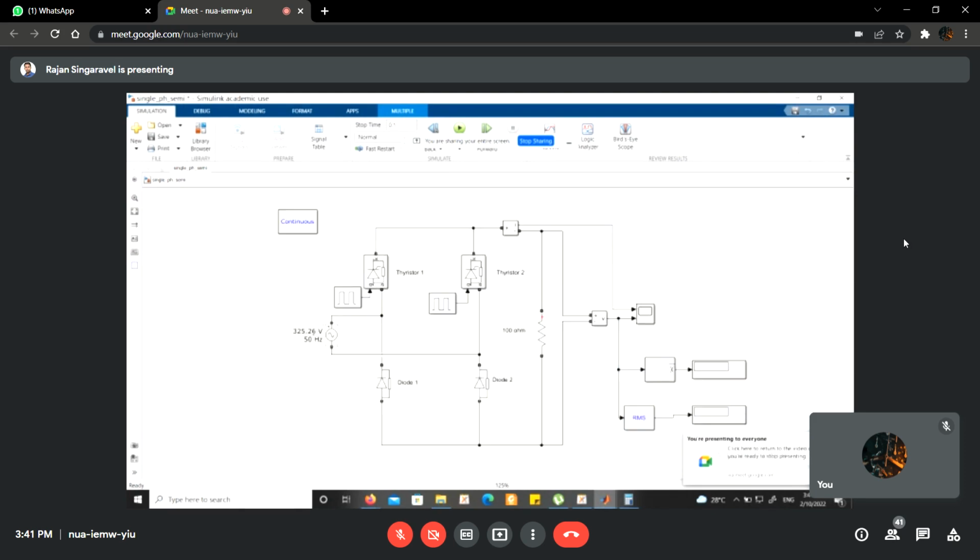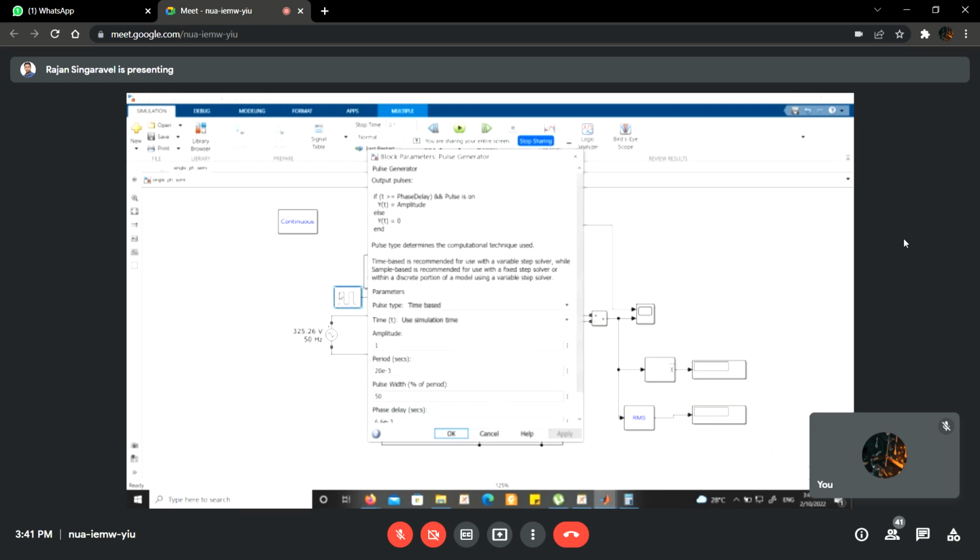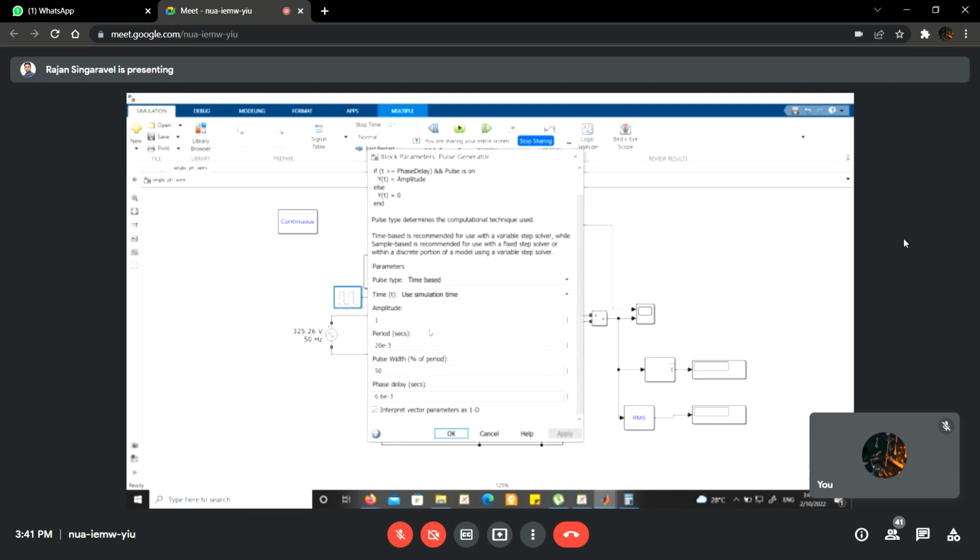Same setup, same input voltage 50 hertz, and load is 100 ohm, and the firing angle is 6.6 millisecond. Right, 6.6 millisecond in the sense it is almost 120 degree.